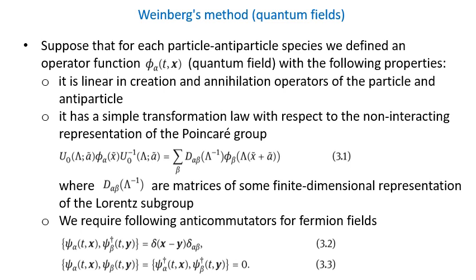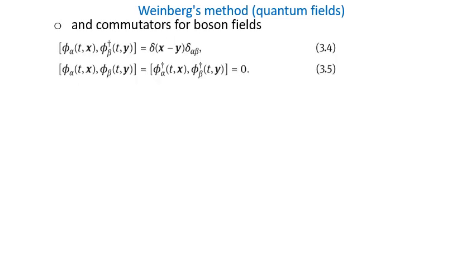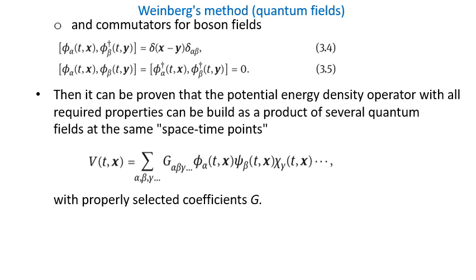For fermion quantum fields, we require these anticommutators. And for boson quantum fields, we require these commutators. Then Weinberg proved that the required potential energy density operator can be built as a product of several such quantum fields at the same space-time points.